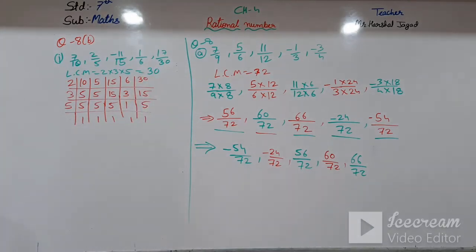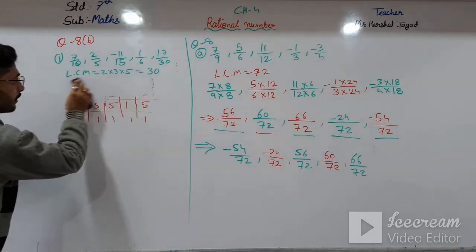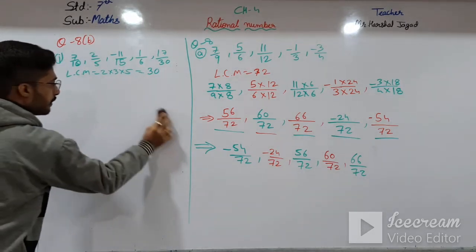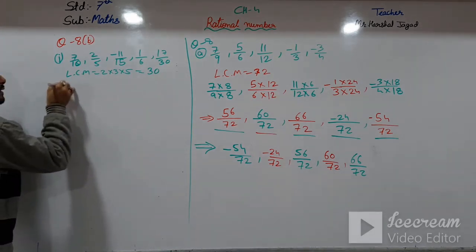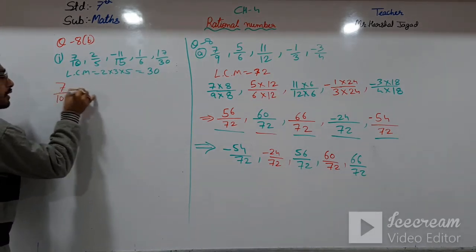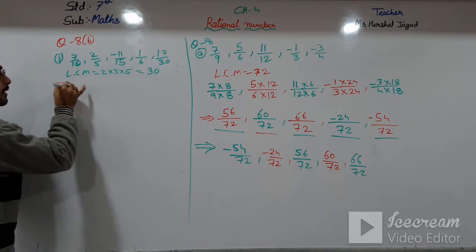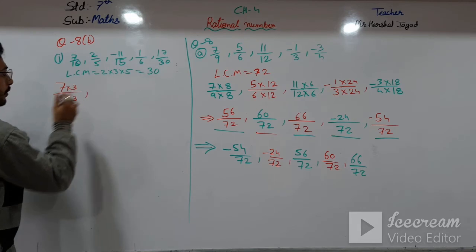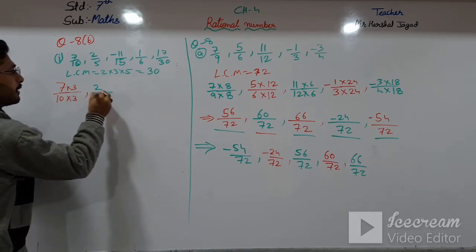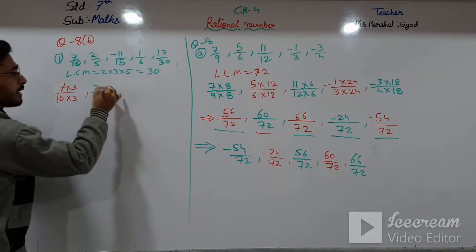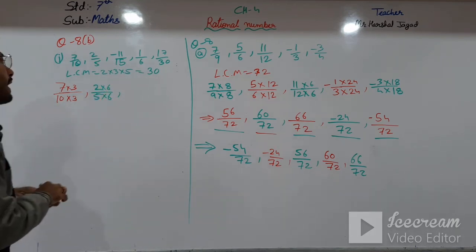Now just putting the same denominator. Here it is 7 by 10. What is to be multiplied by 10? It will become 30, then 3. Here also 3. Now 2 by 5. What is to be multiplied by 5? Then it will become 30. 5 6s are 30, so in the numerator also we have to multiply with that.